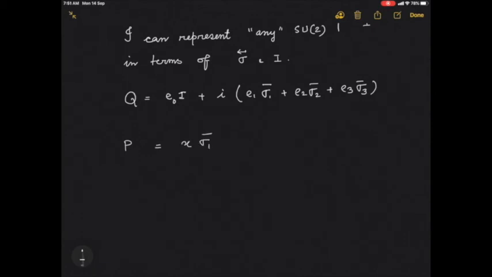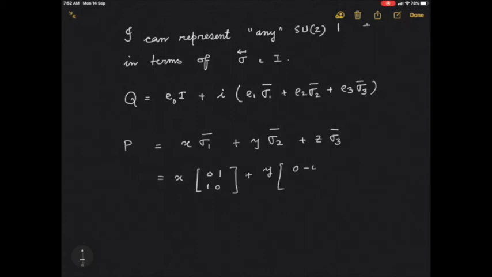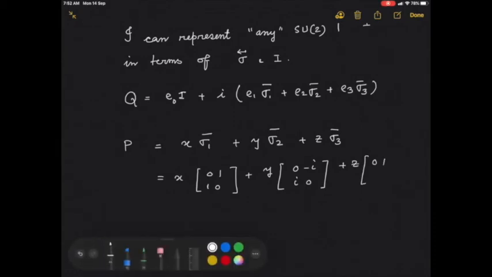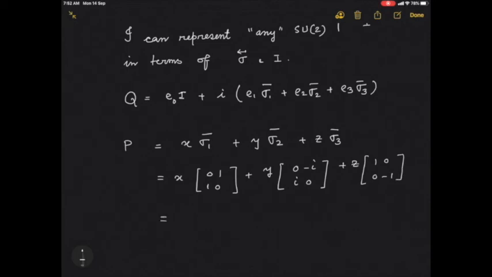So remember that P we wrote as X sigma 1 plus Y sigma 2 plus Z sigma 3, which is X sigma 1 is 0, 1, 1, 0, plus Y sigma 2 is 0, minus I, I, 0, and Z sigma 3 is 1, 0, 0, minus 1.